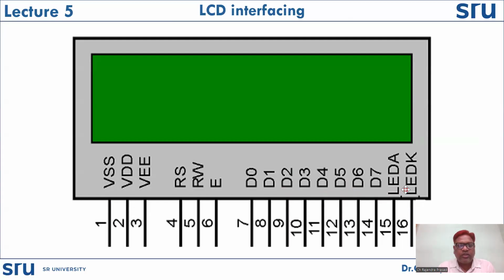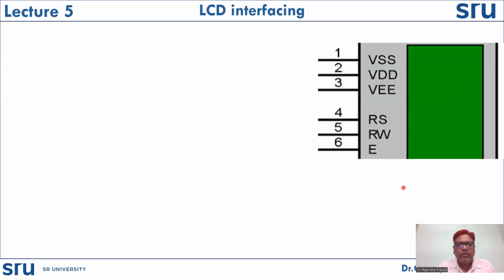These are the 16 pins of the LCD. Let us see them one by one and discuss the operation of these pins. The first pin and second pin are the power supply pins of the LCD.